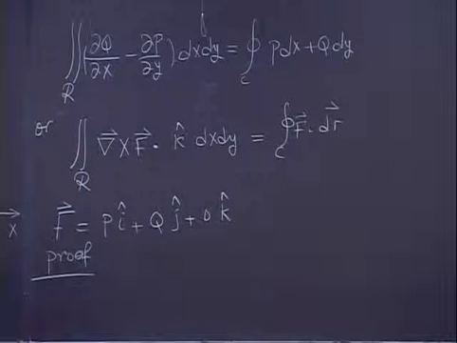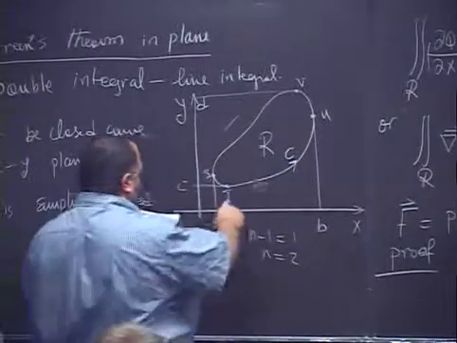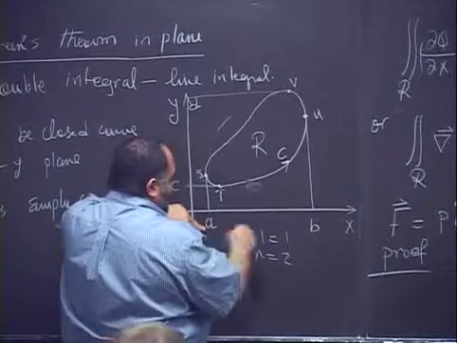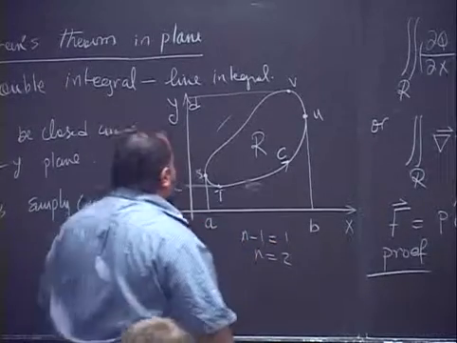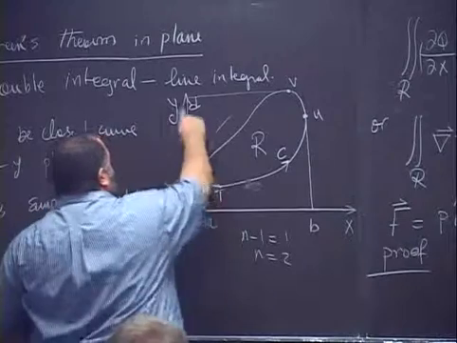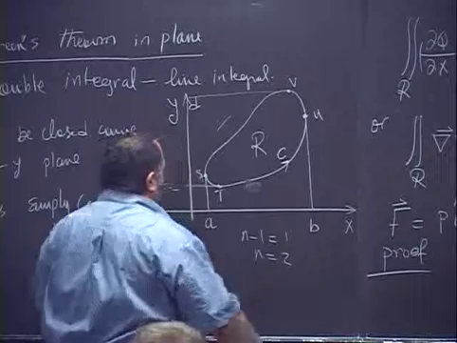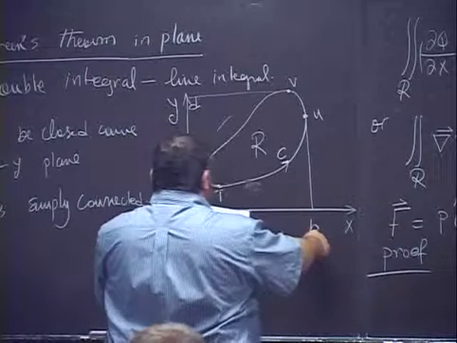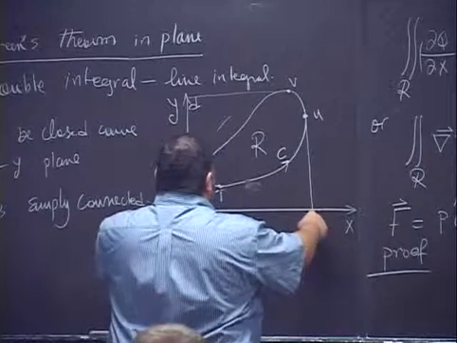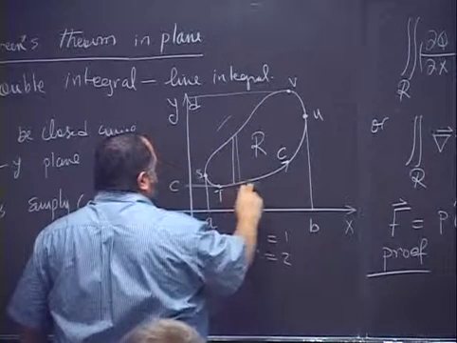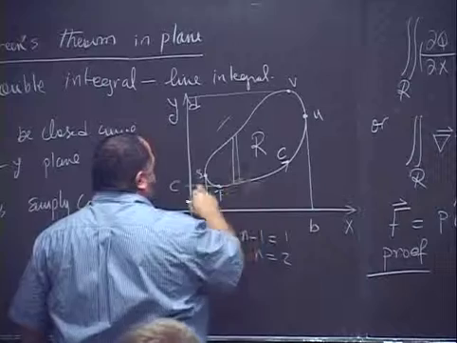So let's assume that if we integrate over x, we will be integrating from what? A to b, okay? And when we integrate over y, we'll be integrating from c to d. So if we integrate over x from a to b, y will go from this curve, which is what?